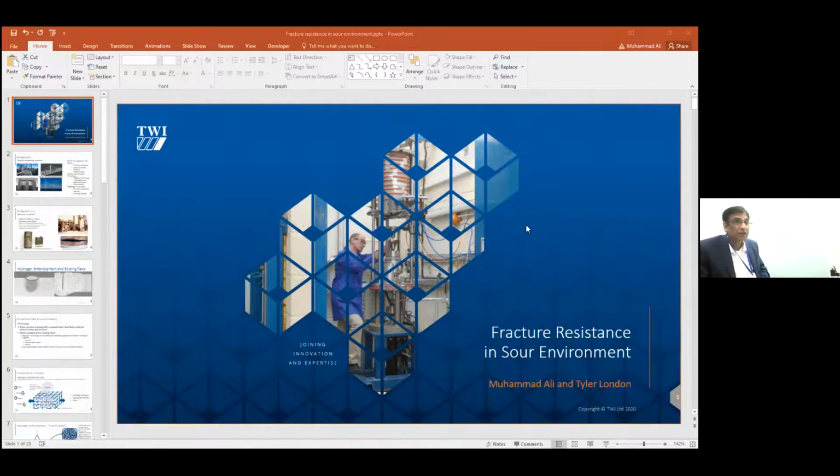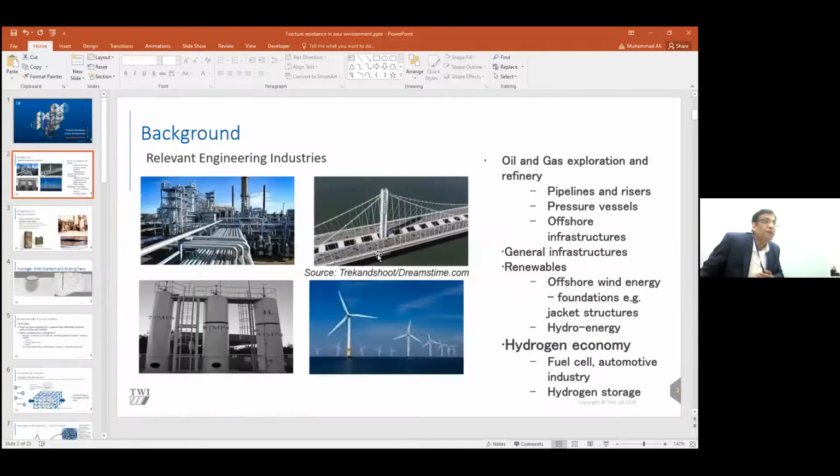Now, the title is pretty generic, but when I move on to how we did this work and what the main objectives were, it will take you to a more focused scenario. A sour environment is an environment which can compromise the performance of any engineering structure which experiences it.